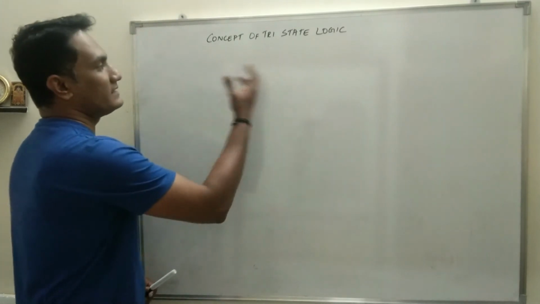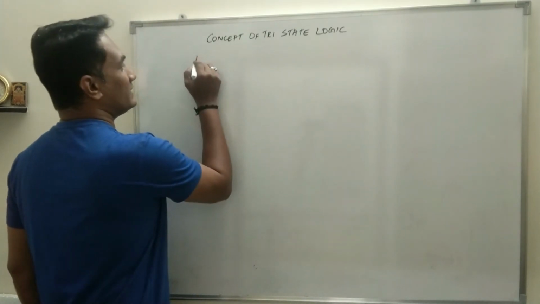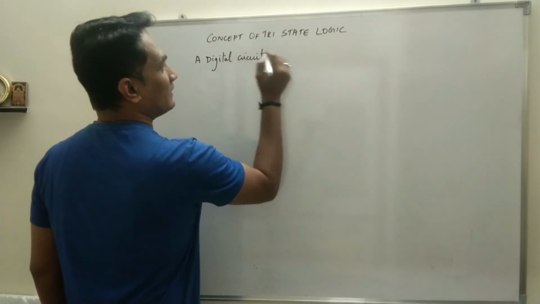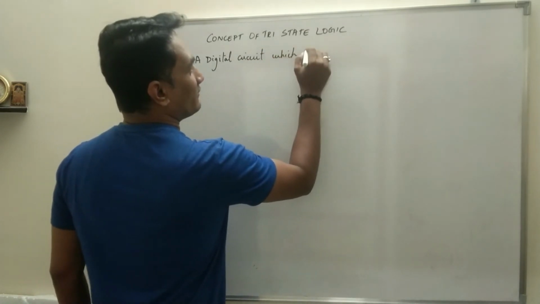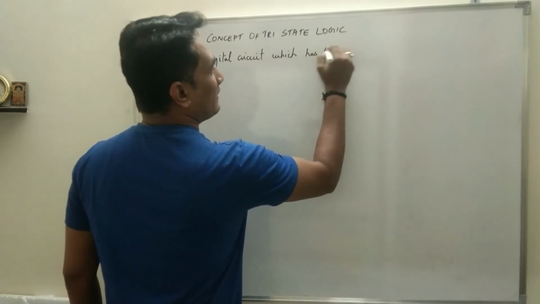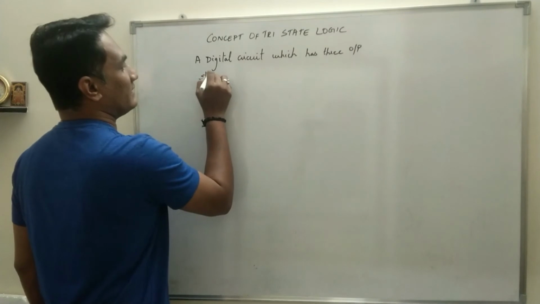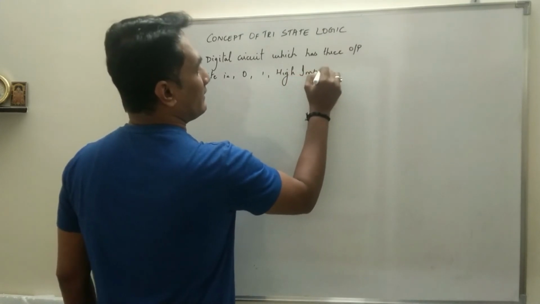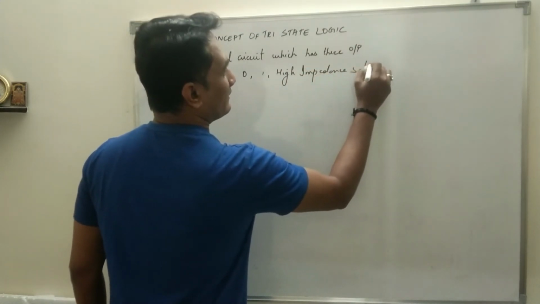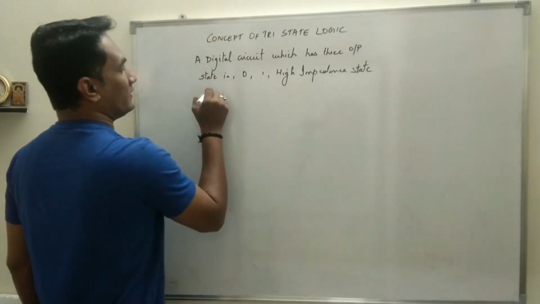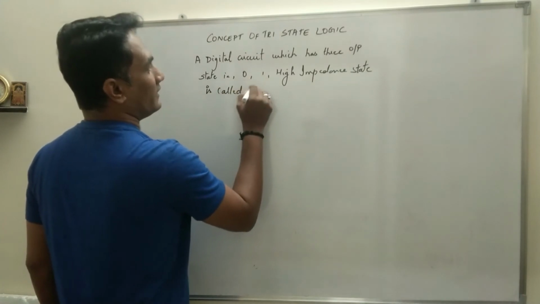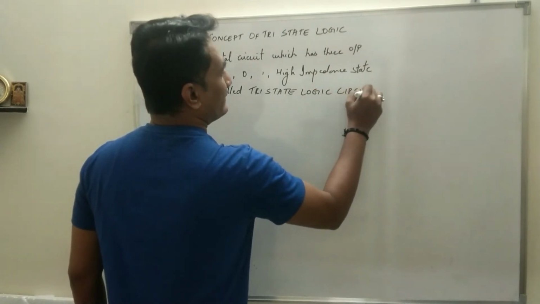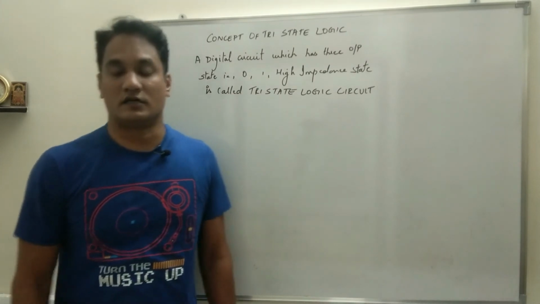Okay, so a generalized definition of the concept of tri-state logic: we will say a digital circuit which has 3 output states, that is 0, 1 and high impedance state, is called a tri-state logic circuit.